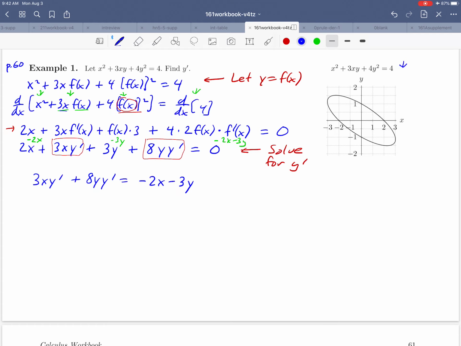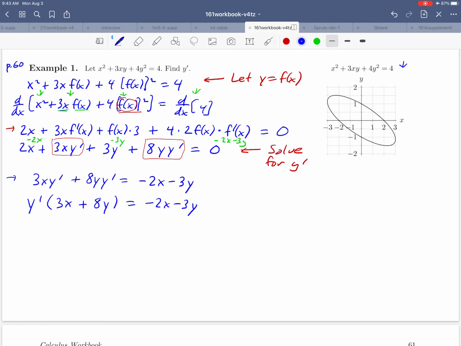Well, here's where we can factor. The terms on the left side of the equation all have y primes in them, so let's just factor a y prime out of that. If we pull a y prime out of the first term, we're going to get a 3x. If we pull the y prime out of the second term, we get 8y. So y prime times 3x plus 8y equals negative 2x minus 3y.